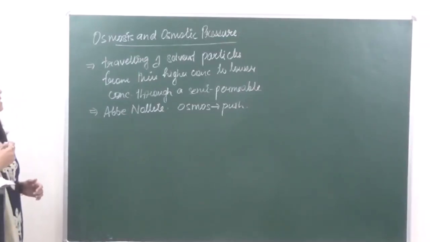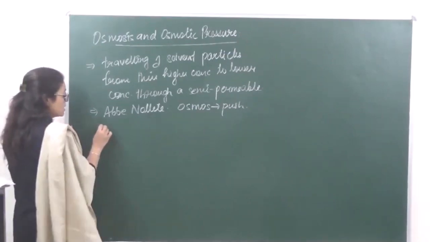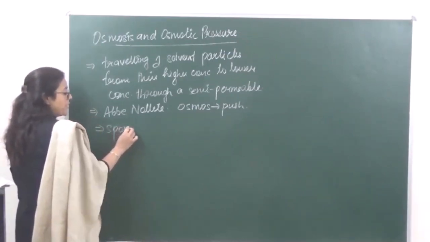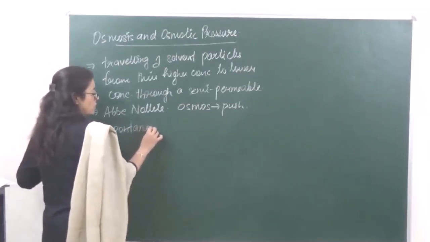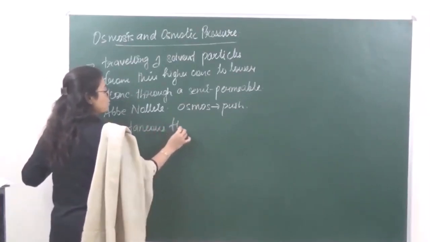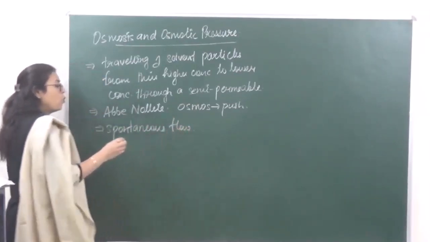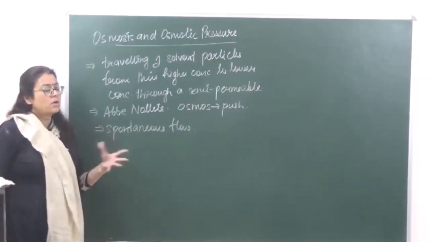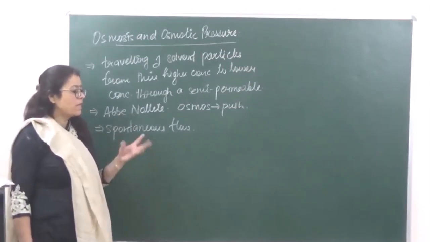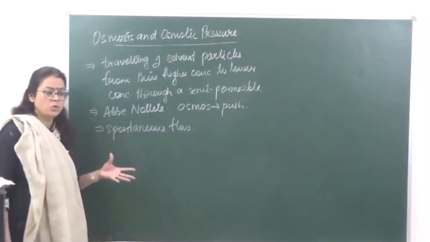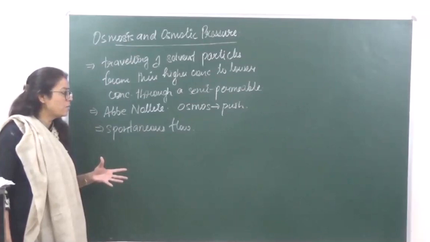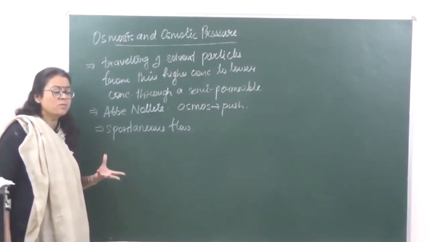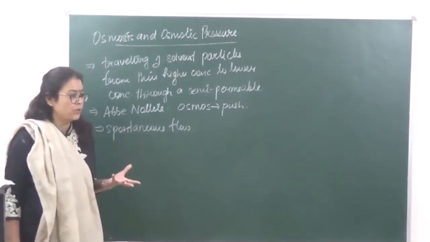Now we can say that osmosis is a spontaneous flow. Spontaneous flow means that the flow of the solvent takes place on its own, without giving any external pressure or external push to it. It is a spontaneous process which is occurring on its own.